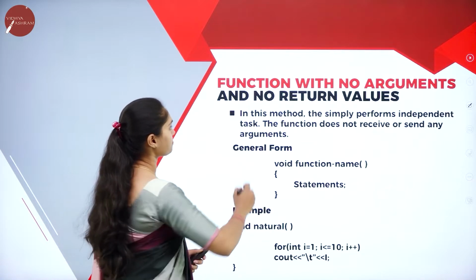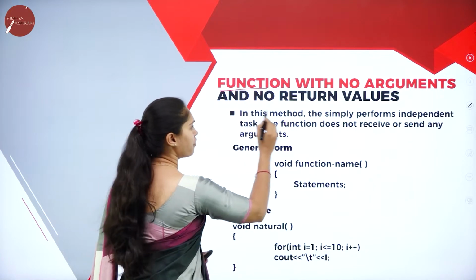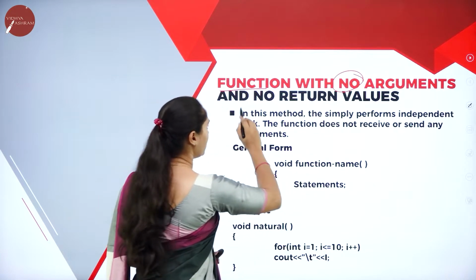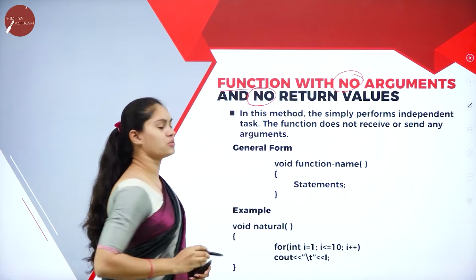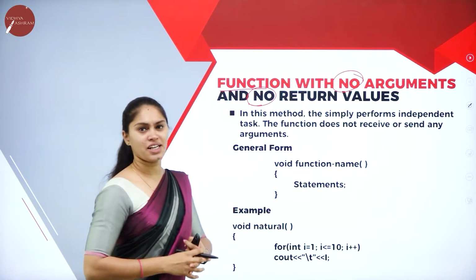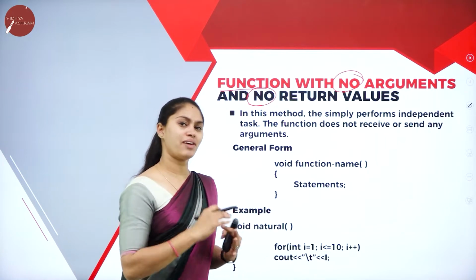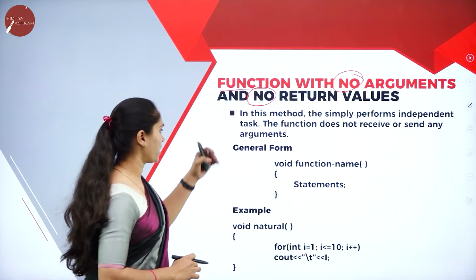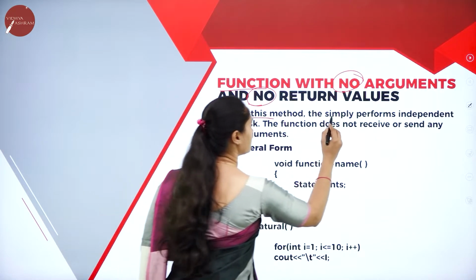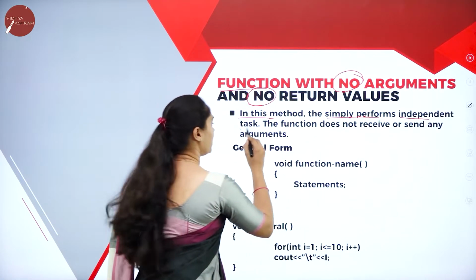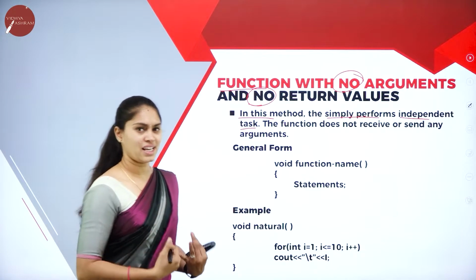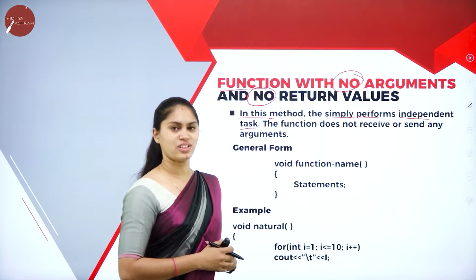We'll see now. What is the first type? Function with no argument and no return value. Here it does not contain any argument and it won't return any value back to the function. In this method, they simply perform an independent task because it is not receiving anything and it won't return anything back to the function.